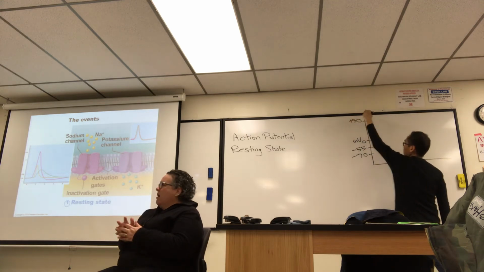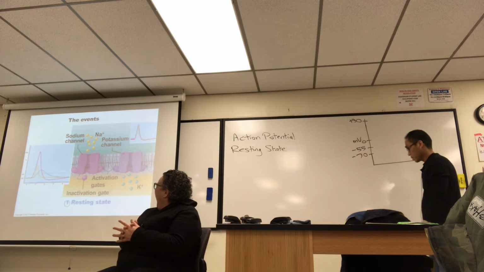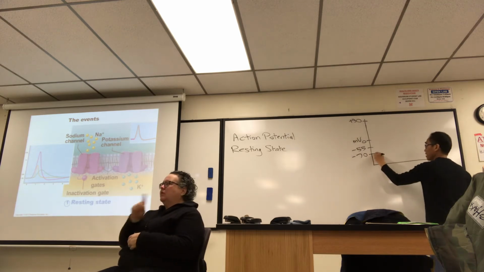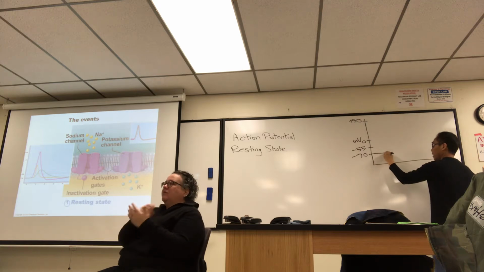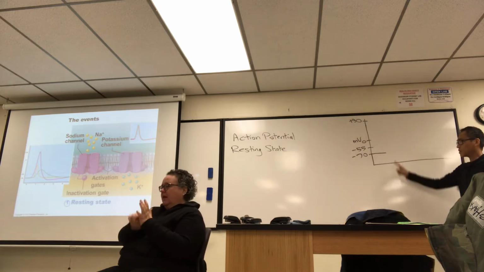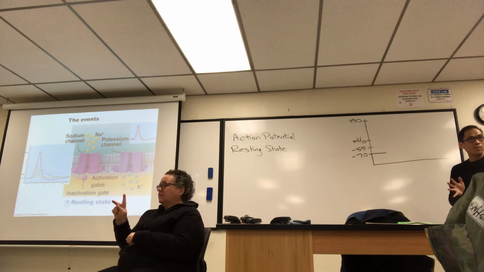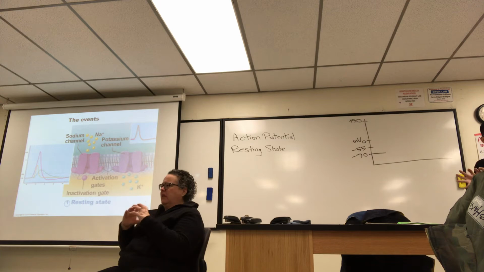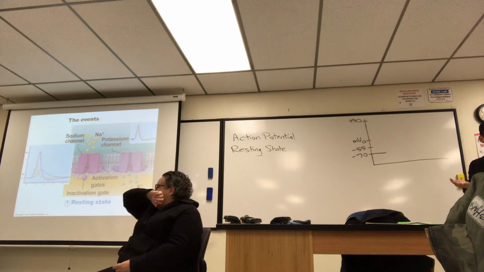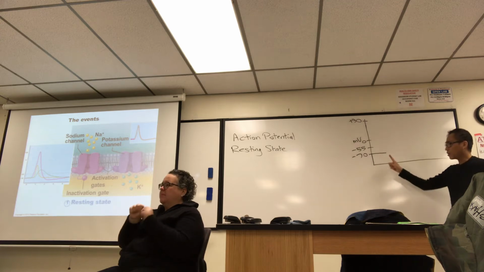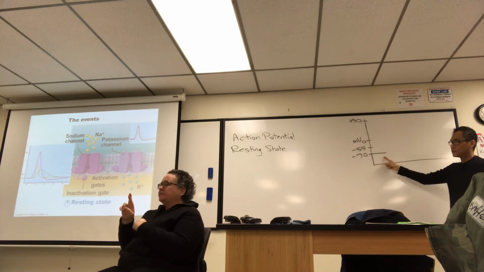Plus 30. And we're just chugging along at a negative resting potential at negative 70. This is established by the leak channels. Cells are very permeable to potassium in the condition of rest because of all the potassium leak channels. And we talked about that before. About the pump, it maintains those ionic gradients so you can maintain a resting membrane potential of negative 70.